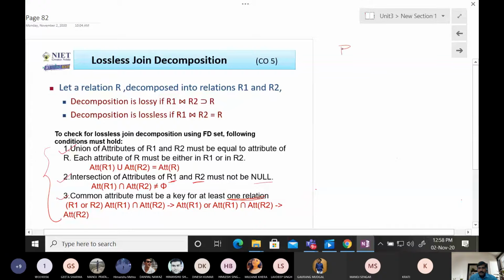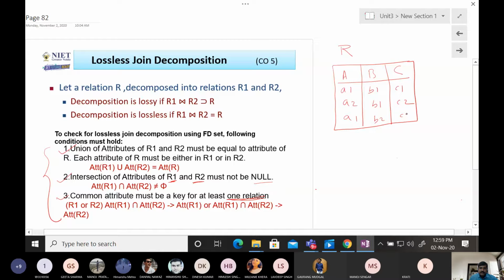Suppose we have a table R in which there are 3 attributes A, B, C, and tuples A1, B1, C1, then A2, B1, C2, then A1, B2, C2.